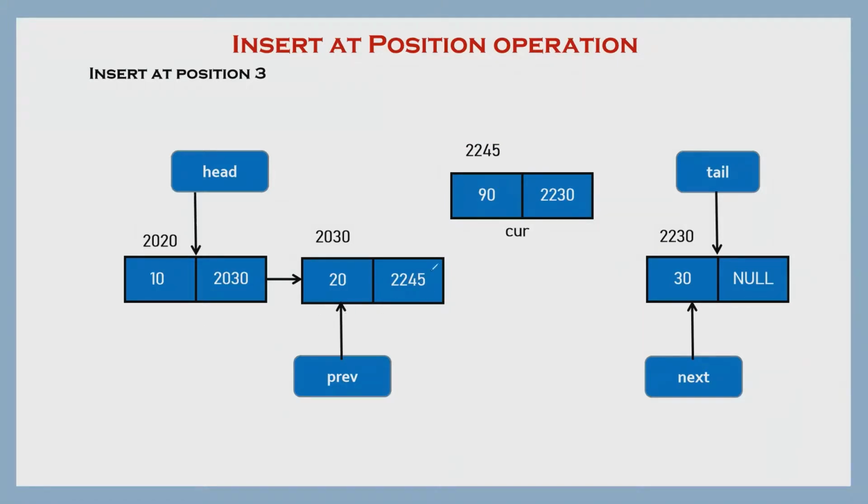First, previous link is assigned to current and current link is assigned to next. These are the two links to be changed when the condition is failed. So what are the steps required here?